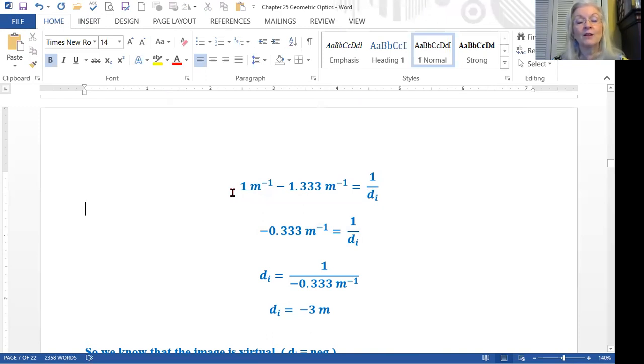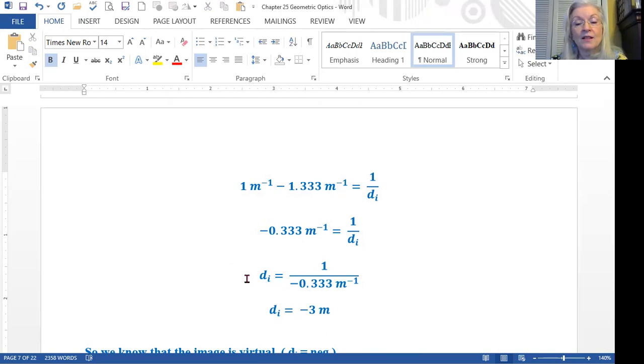So 1 meter to the minus 1 minus 1.333 gives us negative 0.333. And again, you don't have to include the units. It's perfectly okay to leave those off. To get DI, you multiply both sides by DI and divide both sides by negative 0.333. So the image distance is 1 divided by negative 0.333, and that would give me just negative 3.